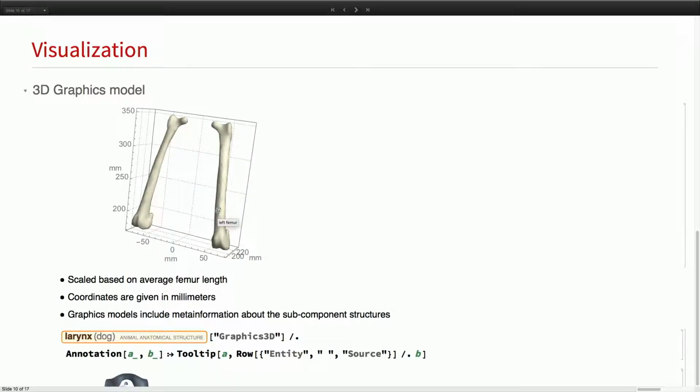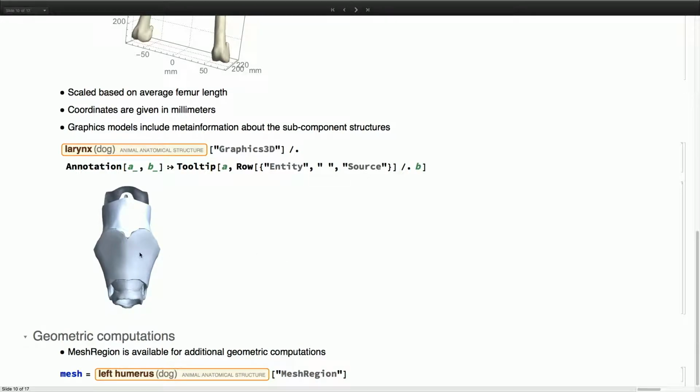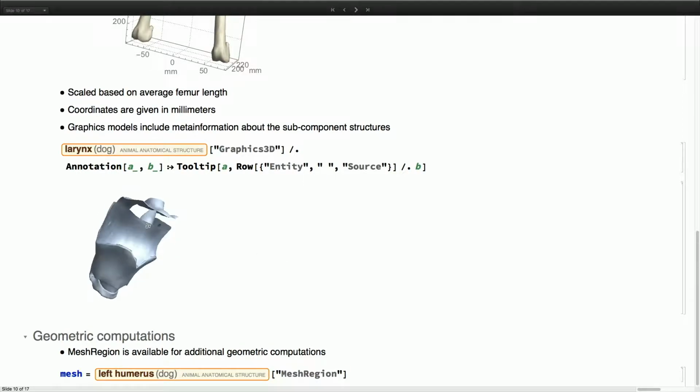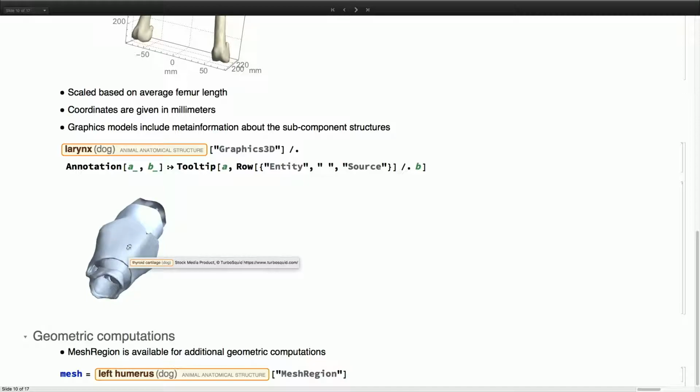And graphics include meta information about subcomponent structures. So, for example, this is the larynx made of several cartilages, and you can add a tooltip with the label for the subcomponent structure and the source information.